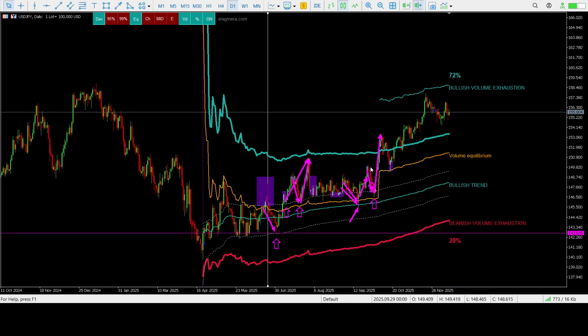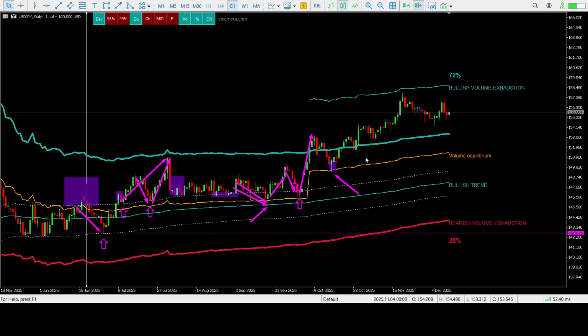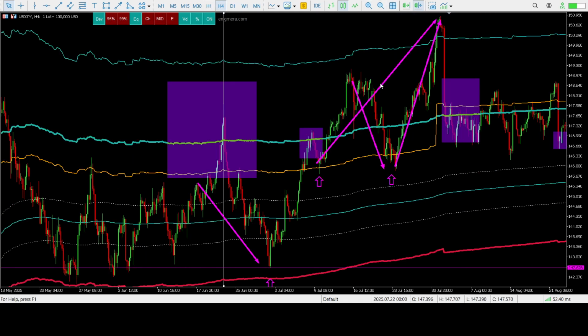What we got? The market here on daily reached the exhaustion line. This is a top, and then what is this? Here our place. This is liquidity check on daily. So this is our target on 4 hours time frame.